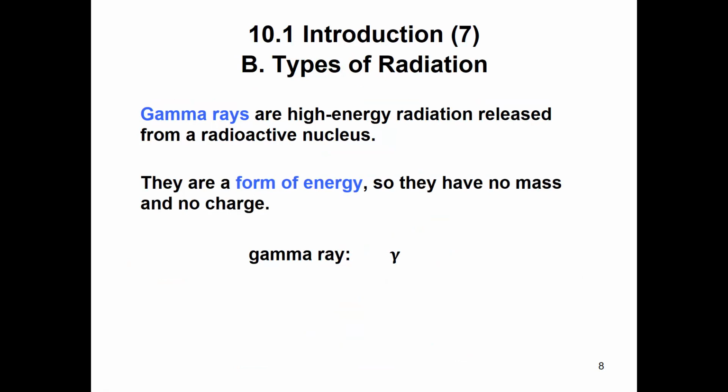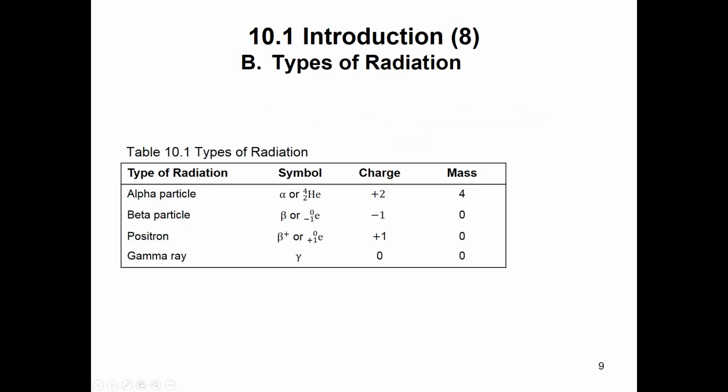Gamma rays are just high energy radiation, and they're released from your nucleus, and they're energy. There is no mass, there is no charge or anything, and so we designate it as a gamma ray. So in summary, for your types of radiation, you have alpha particles, which are alpha or a helium atom with a +2 charge and a mass of 4.